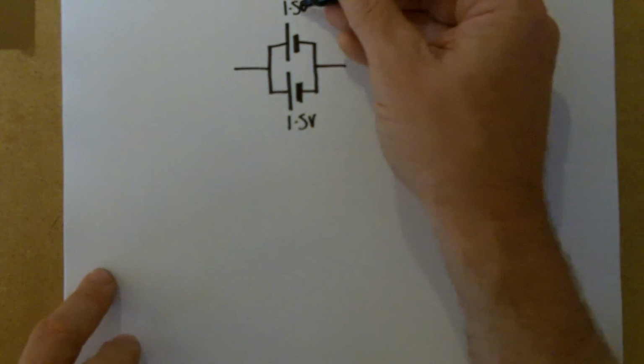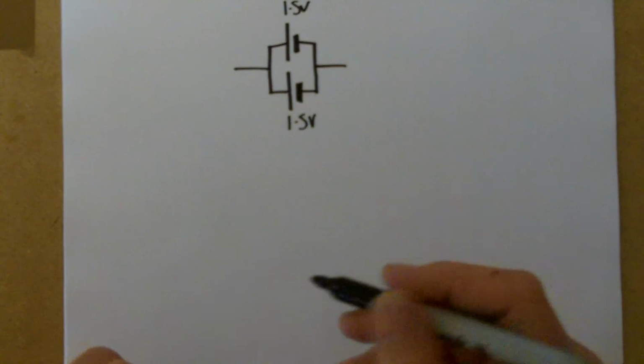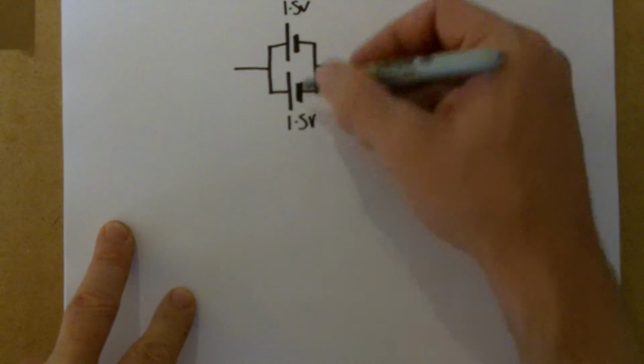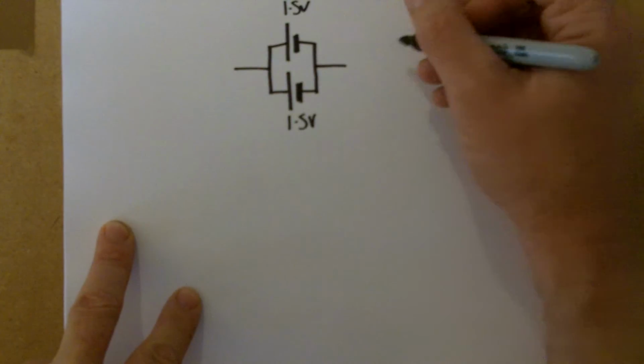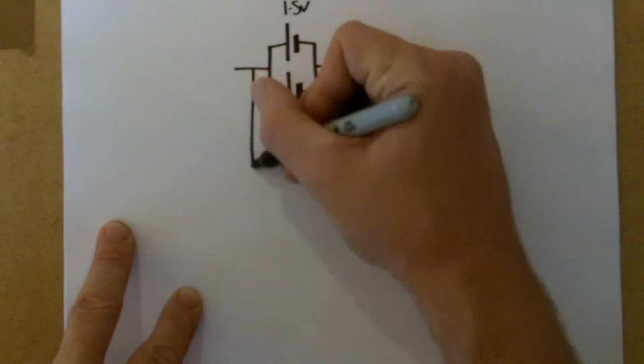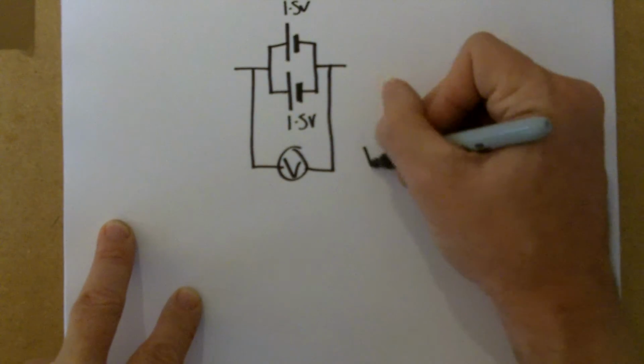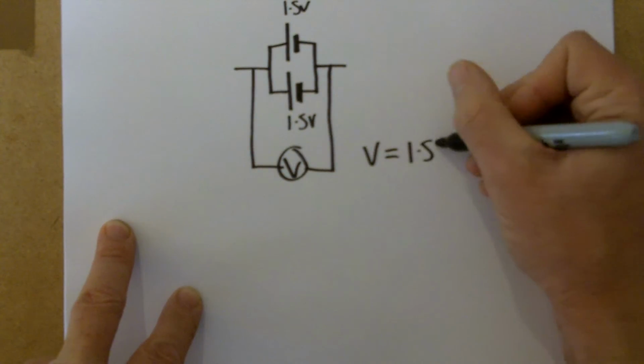The PDs do not add up in parallel. They'd stay the same. So if I connected a voltmeter across the ends, the total PD that I would measure would be 1.5 volts.